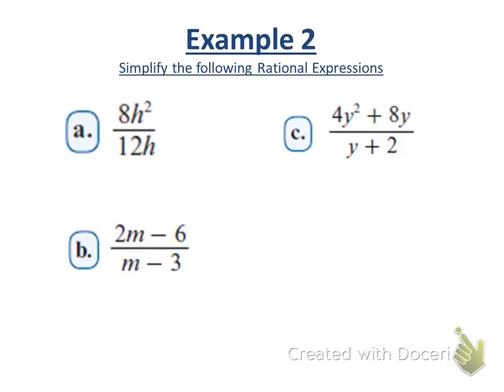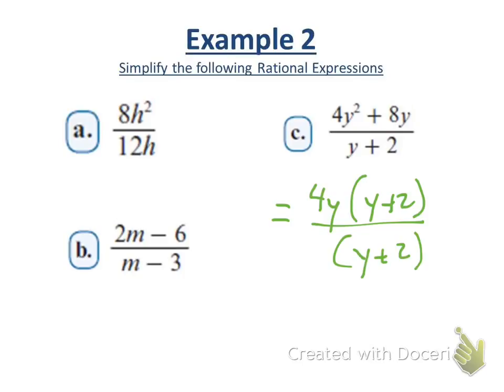All right, what would we do here? Factor. Why do we have to factor it? Because we're only allowed to cancel common factors, and we find the factors by factoring. So we factor the numerator as 4y times y plus 2, over y plus 2. The y plus 2's cancel, and we're left with 4y. y not negative 2.